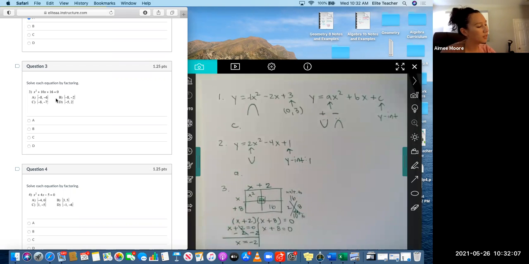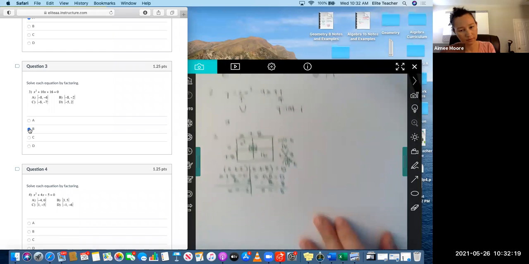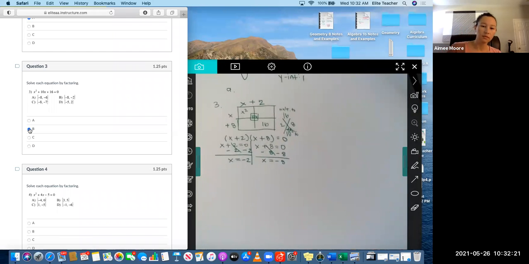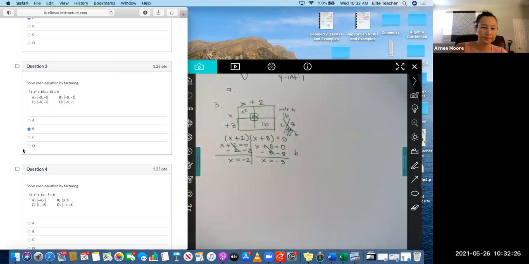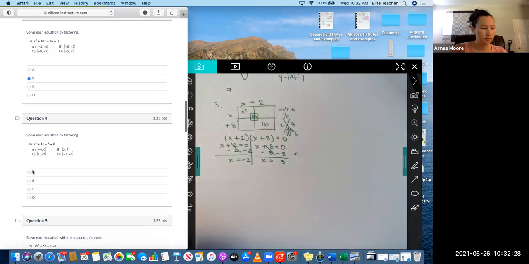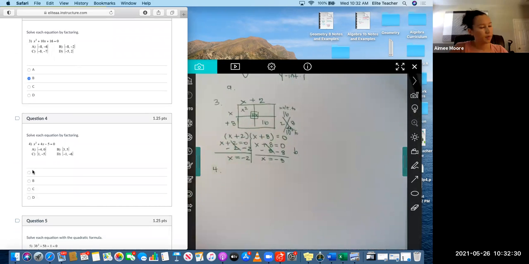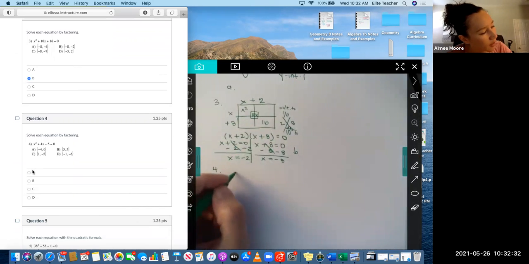Our first x-intercept is -2, and our second one is -8. So -2 and -8 is B. Any questions on number 3? Okay. Go ahead and try number 4 on your own.